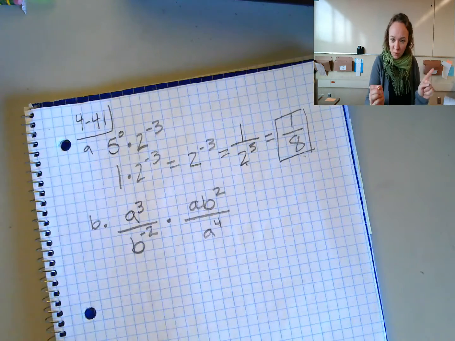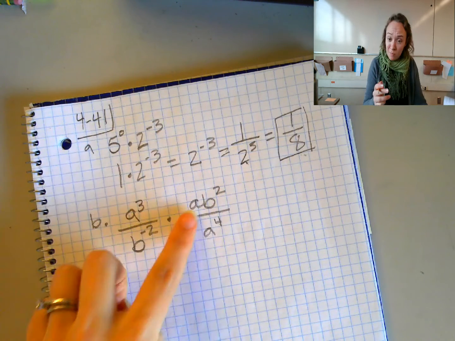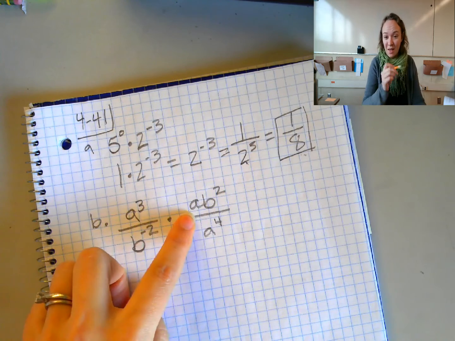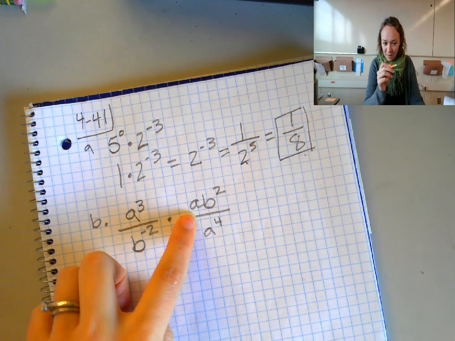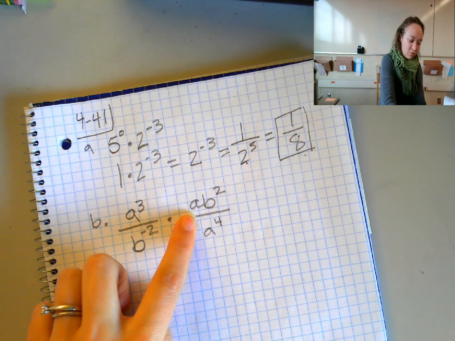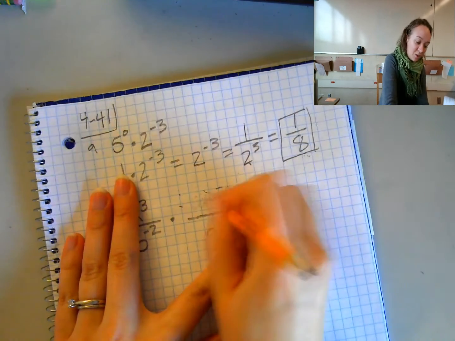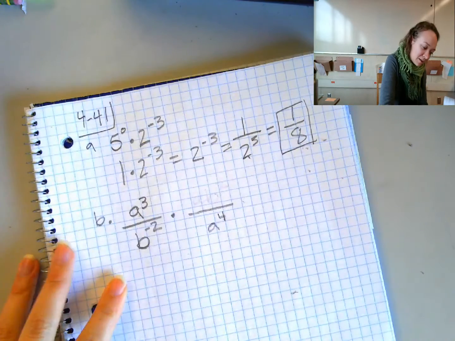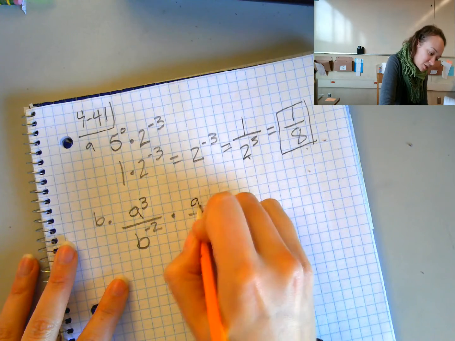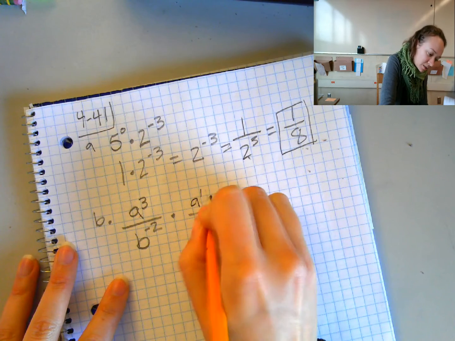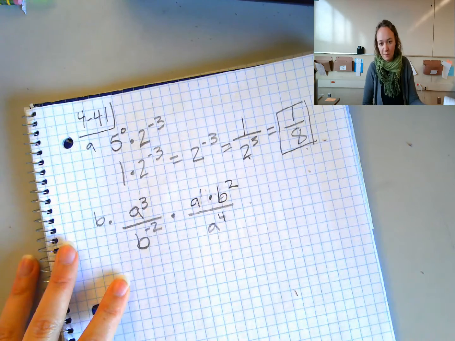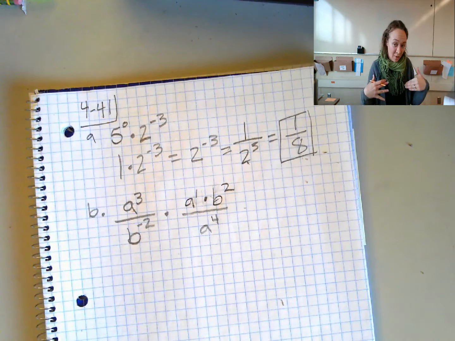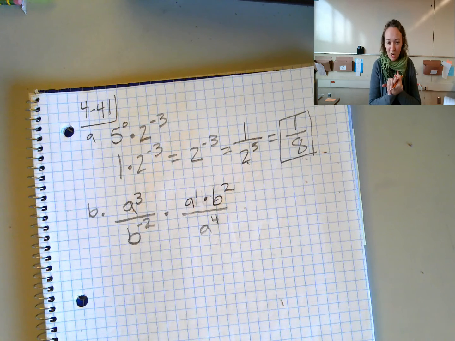So first of all, we need to make absolutely sure we understand that AB squared really means A times B squared. So I'm just going to rewrite that right off the bat. You could even think about it as A to the 1 times B squared. Okay? Then what I'm going to do is start by multiplying my fractions.